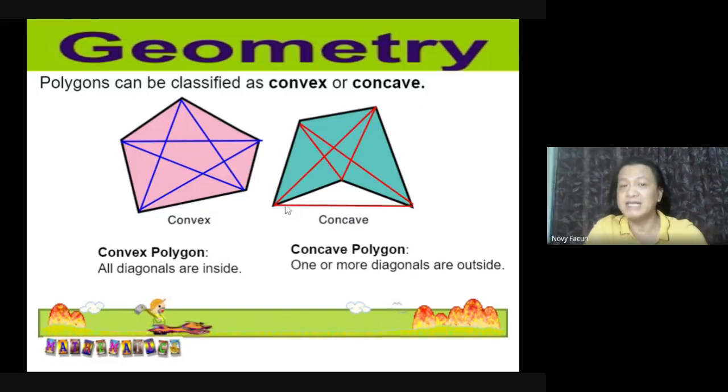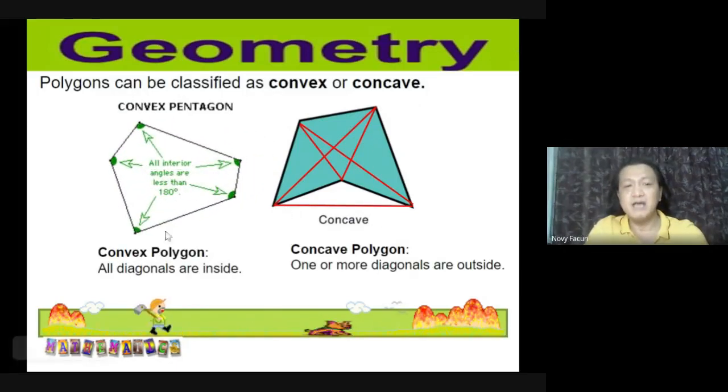Kaya ito, nakita natin. And also, aside from that, pag sinabi natin convex polygon, all interior angles are less than 180 degrees. So, kung makikita natin, yung measure lahat ng angle na yan, yung limang angle, ay ang measure ay less than 180.